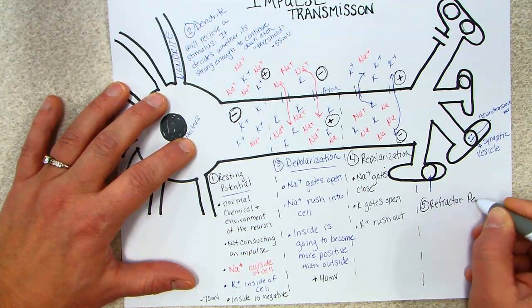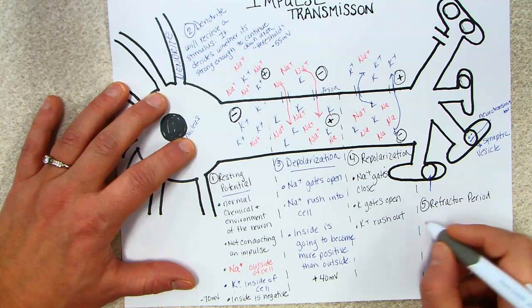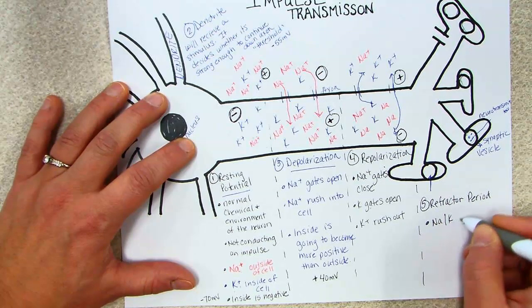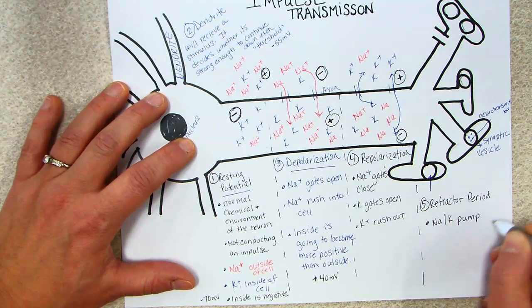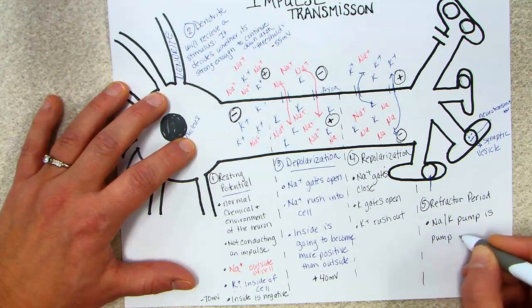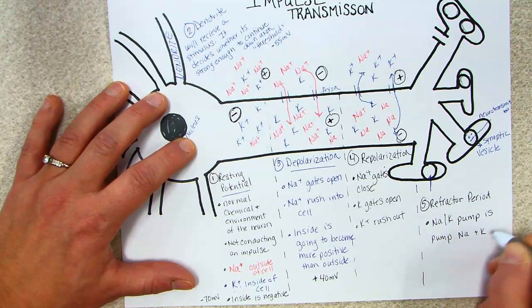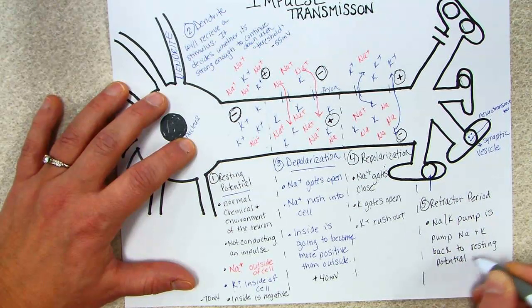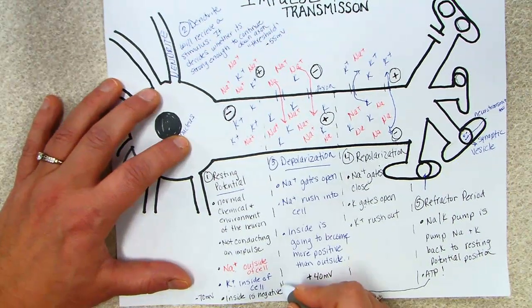So during the refractory period, what's going to happen is that a pump that's called the sodium-potassium pump is going to pump the sodiums and the potassiums back to resting potential position. And this requires energy. So we're basically going to go back to this.